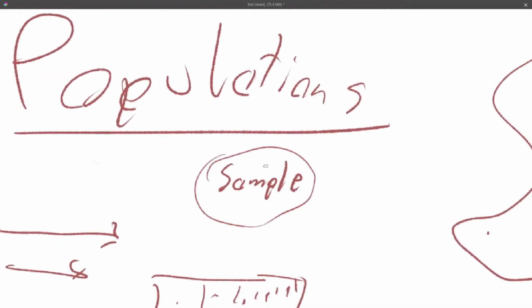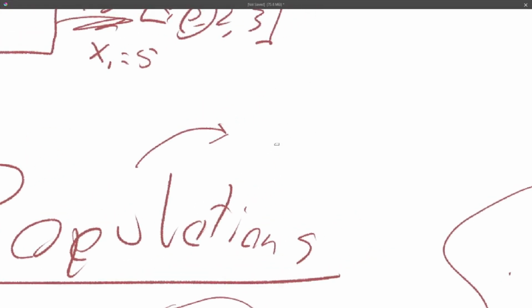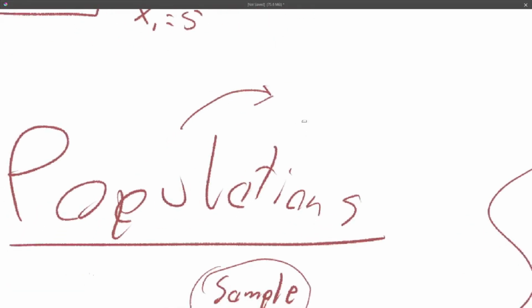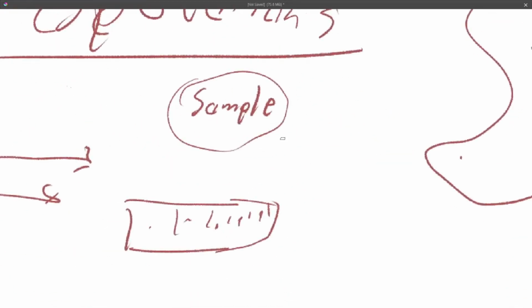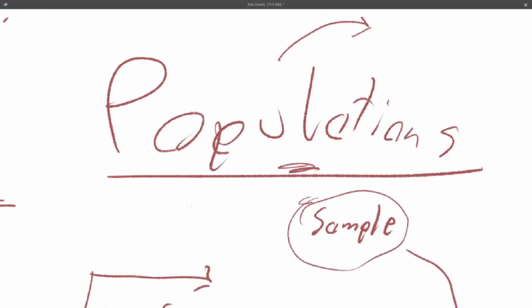Why is this important? Because we can usually never in the real world get all the population's data. If you want to interview your customers, it's hard to get every single customer to talk to you. You can only get a sample. And part of statistics, inferential statistics, is where we're making an inference, a guess, on what the population is like based on what our sample's like.